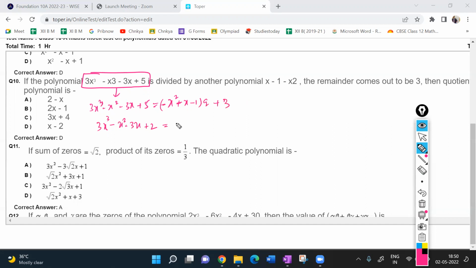So dividing this with minus x square plus x minus 1 is equal to q. Correct? Divide with the long division method.